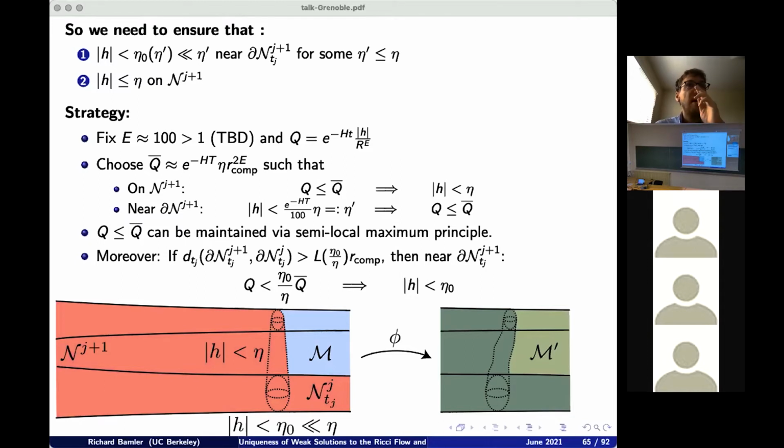Capital H is chosen in the statement of the semilocal maximum principle. We have to choose H large enough so that the semilocal maximum principle can be applied. So H, I think, depends on E via the semilocal maximum principle. Once we fix E, I think we can fix H.